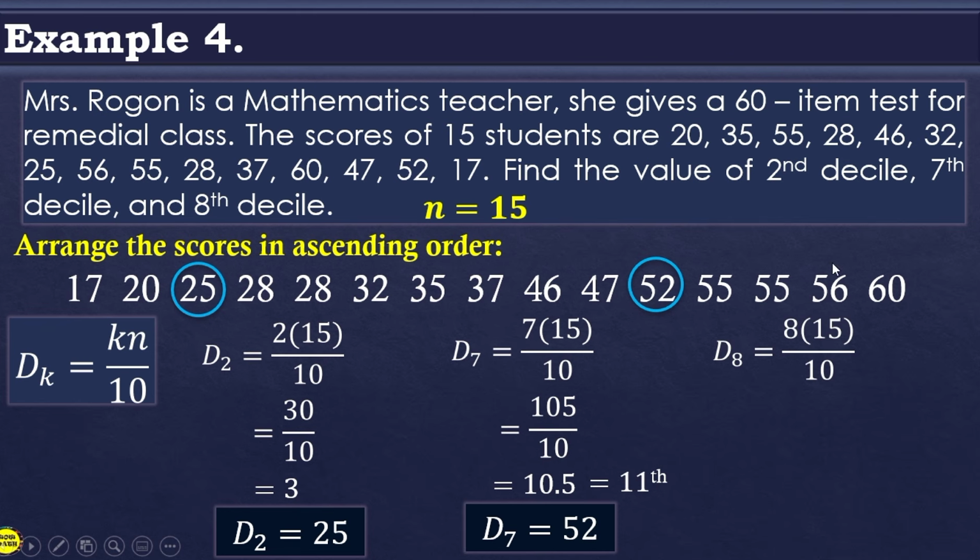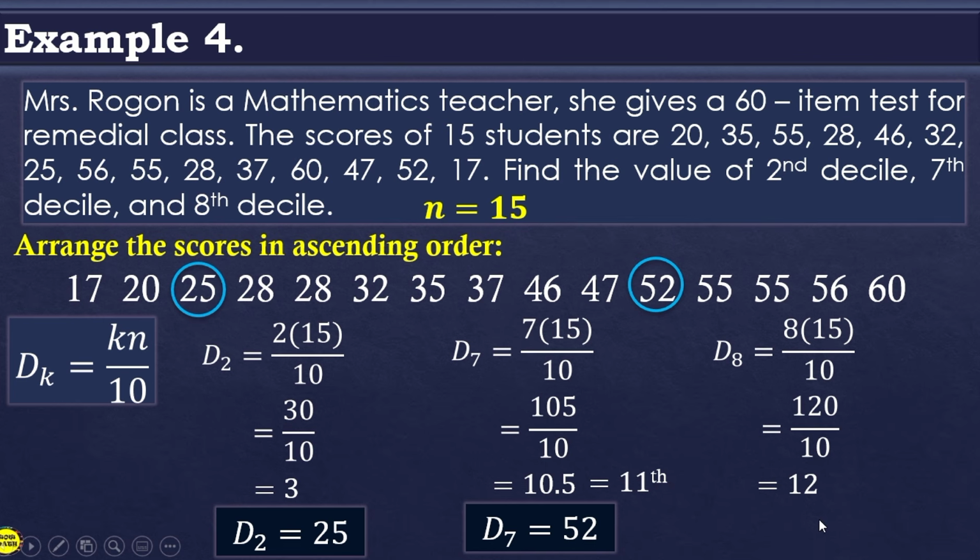Next, 8th decile. So again, yung 8th decile natin, yung k natin, papalitan natin ng 8. So 8 times 15, that is 120. 120 divide 10, the answer is 12. Since whole number naman yung nakuha natin, wala tayong problema.